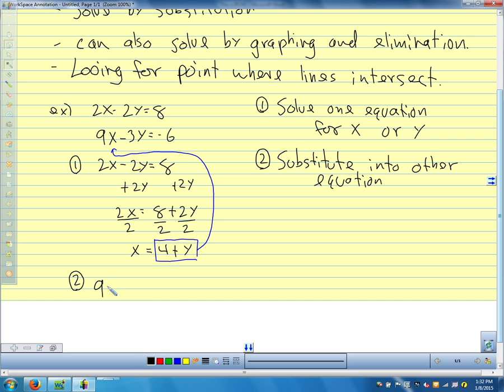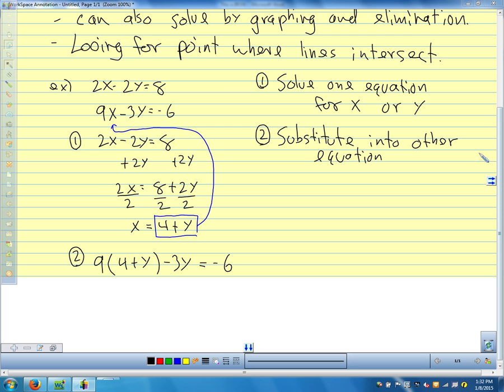So 9 times 4 plus y, minus 3y equals negative 6. And now I only have a y in this equation, and I can solve for y. So my third step is solve for the variable.